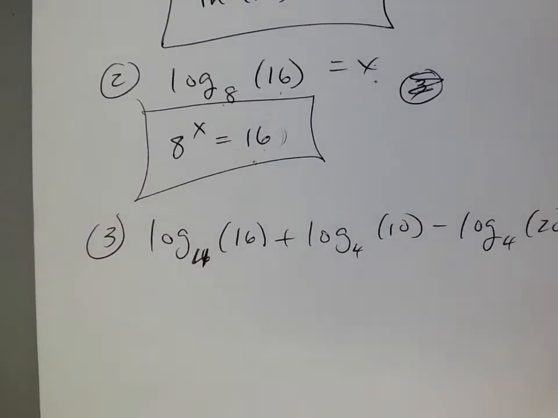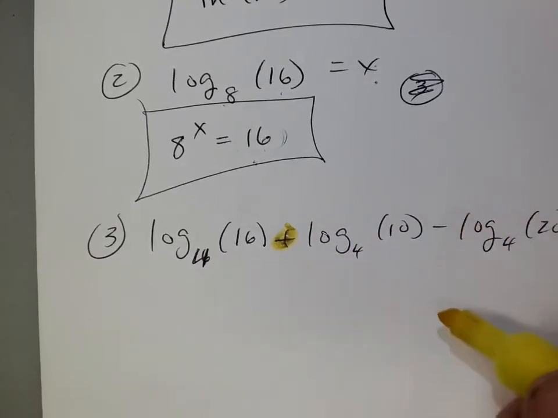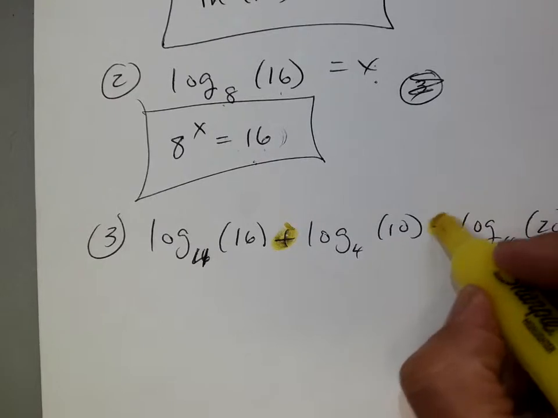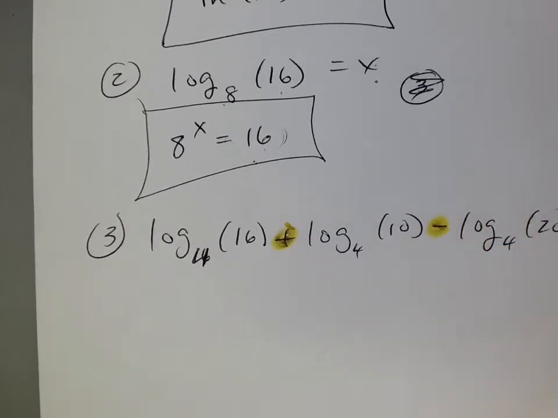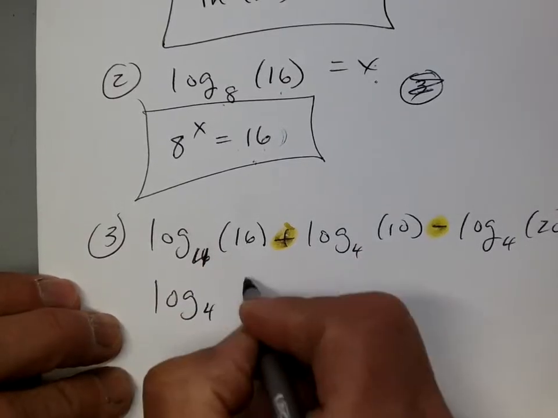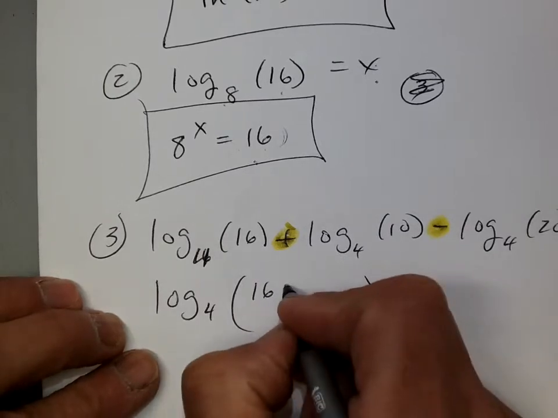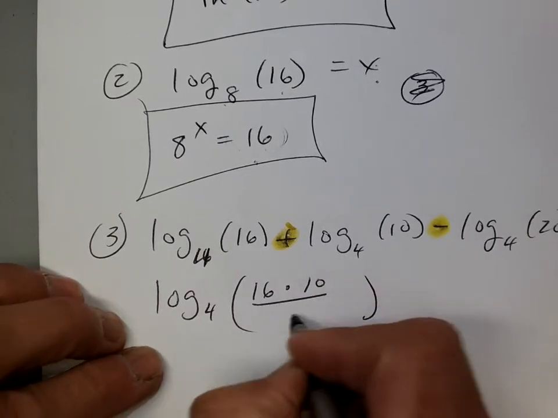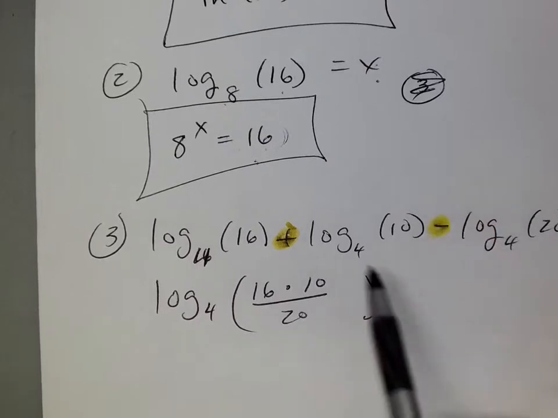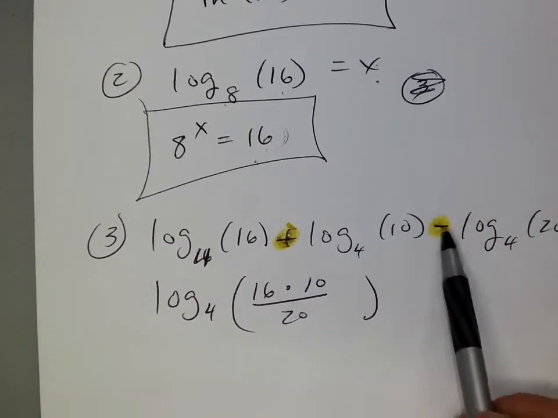Logarithms are exponents, so we're going to treat them as exponents. If we add exponents, we multiply their bases. If we subtract exponents, we're dividing their bases. So I'm going to rewrite this as log base 4 of 16 times 10 divided by 20. My plus becomes a times, my subtract becomes a divide.